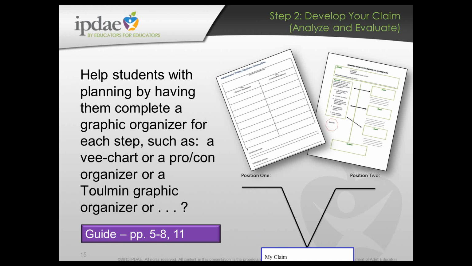Those are all first steps. If I took that article on diet soda, the pros and cons, it would be easy to help students analyze: was there better research on the pro side or on the con side? Was the evidence accurate? Using one of these graphic organizers, they would already start that analysis and evaluation process. And that's where we need to spend time.